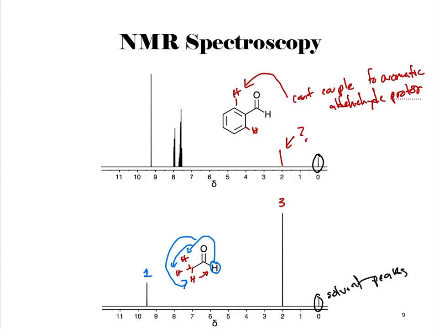And then this peak right here is going to be the aldehyde proton. So we have the aldehyde proton, and then these peaks over here, these are all going to be the aromatic protons.